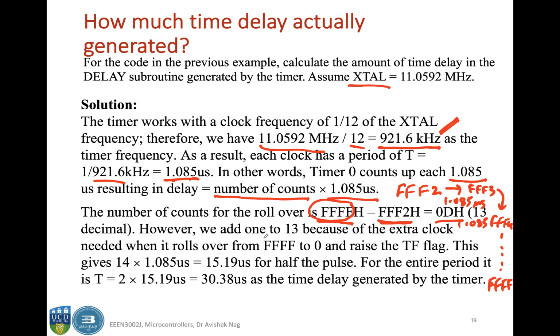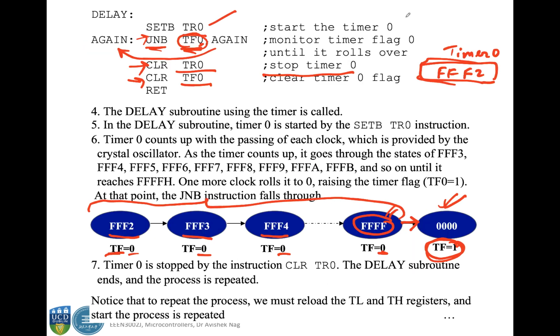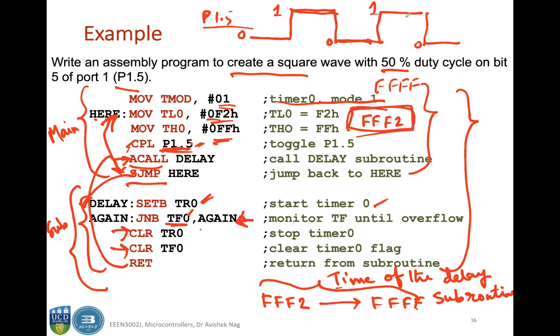However, we add 1 to 13 because of the extra clock needed when it rolls over from FFFF to 0 and raises the TF flag. So this gives a total of 14. So 14 times 1.085 gives you 15.19 microseconds for half the pulse. So you remember, if you go back to this example.